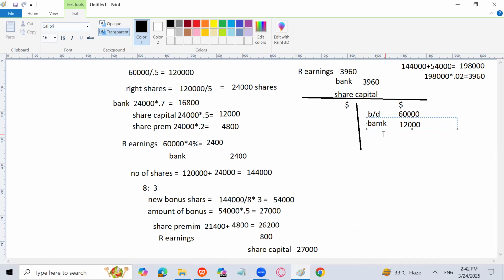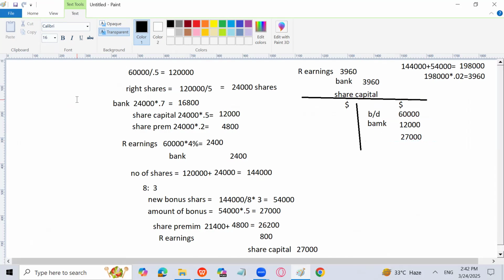Then again share capital is going to be credit with 27,000. Sorry, the other side, I won't write 27,000 in full. Why?